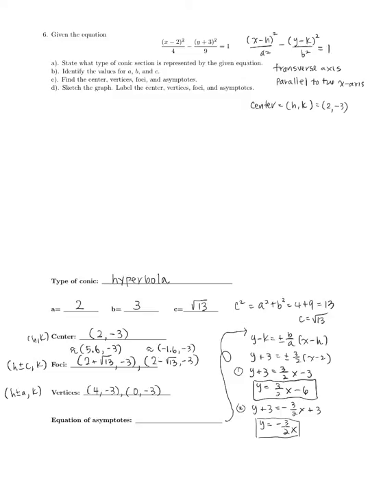So we got y equals negative 3 over 2 x, and y equals 3 over 2 x minus 6. The first one has a y-intercept of 0, and the second one has a y-intercept of negative 6.